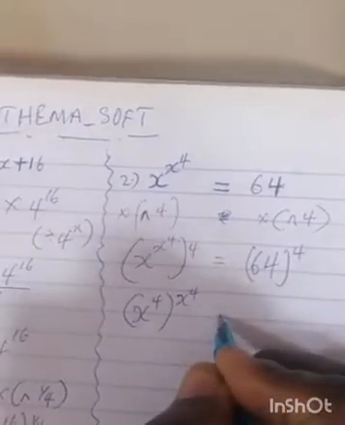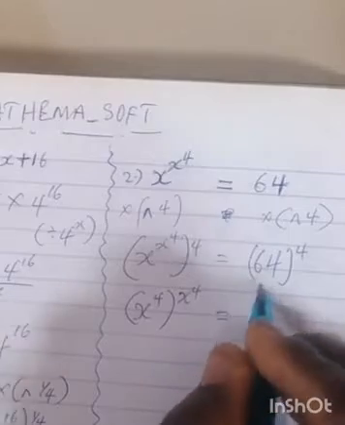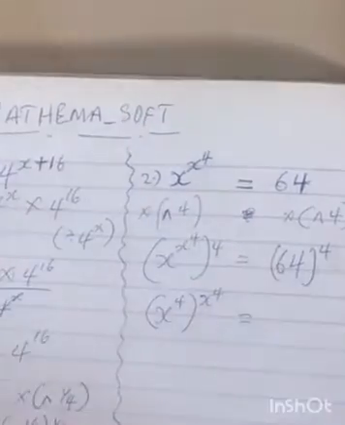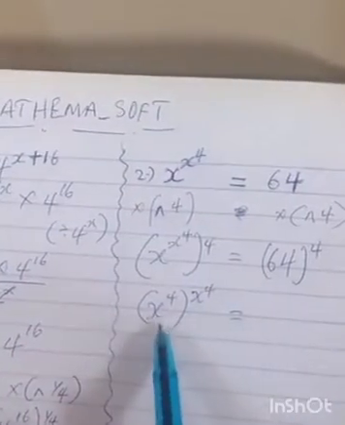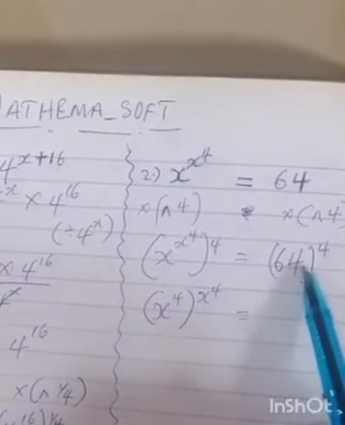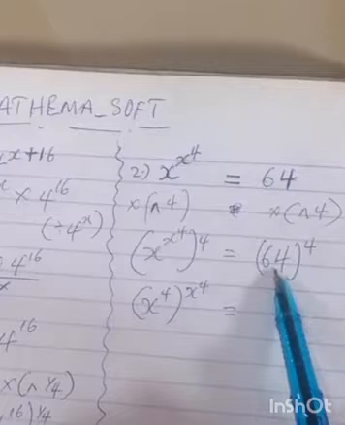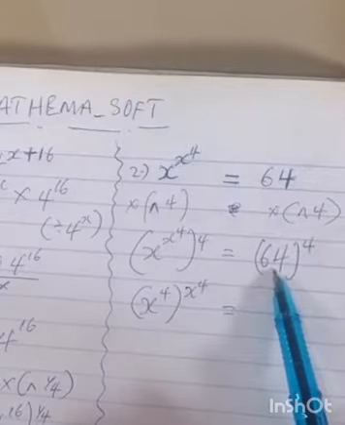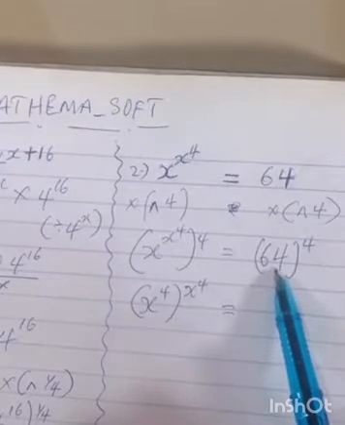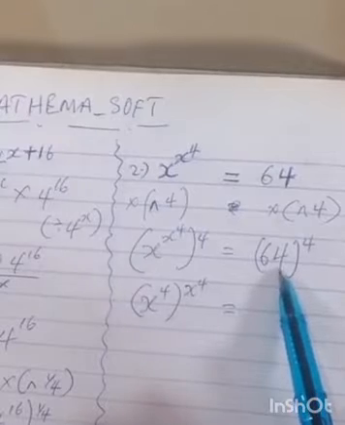So on this other side here, this is already the same. Now I begin to think about how I can make this one also the same. By analysis, I have 64 here. 64 can be expressed as power of 2, power of 4, power of 8.